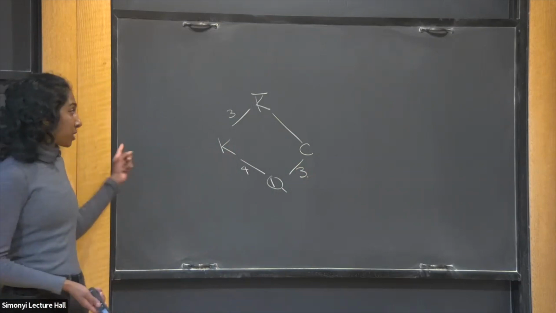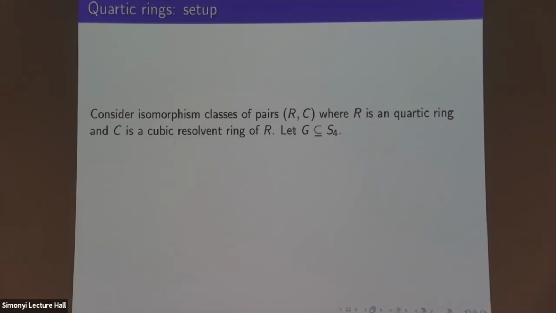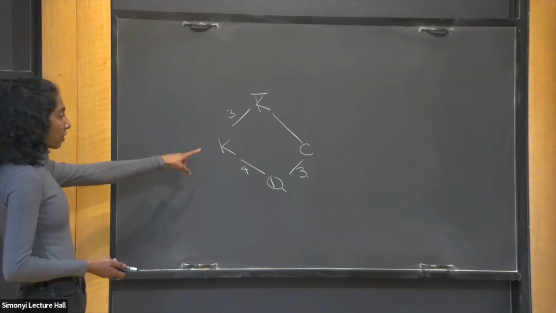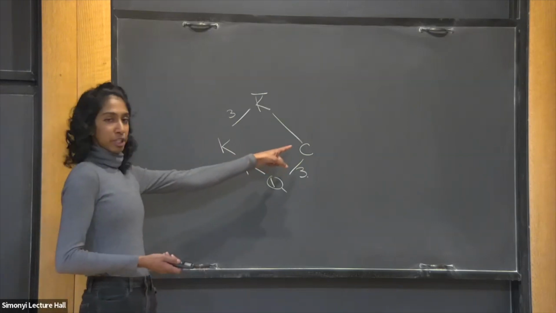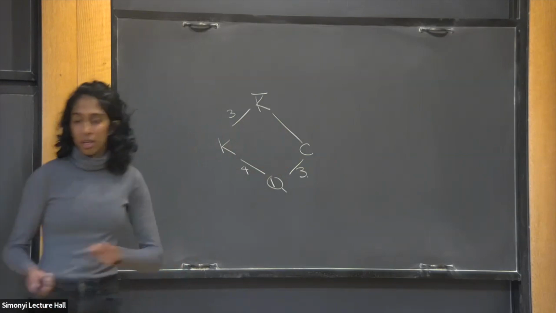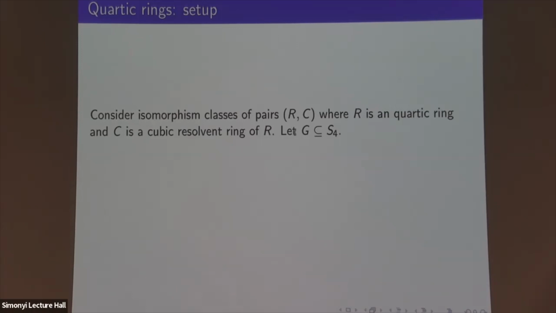And Bhargava developed an integral notion of this. In particular, every quartic ring has at least one cubic resolvent ring, and every maximal quartic ring has a unique cubic resolvent ring. In the case that your order is the maximal order of an S4 quartic field with square-free discriminant, then the unique cubic resolvent ring is the maximal order in this field, C. So that's what you should think of if you haven't seen this before, but I'll just call them cubic resolvent rings.